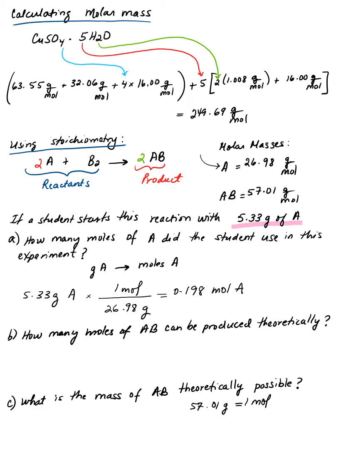So if 1 mole of A is the same as 26.98 grams of A, when you have 0.198 moles of A, that equivalent amount in grams will be 5.33 grams of A.